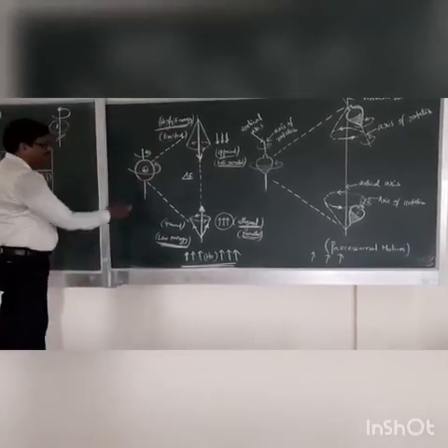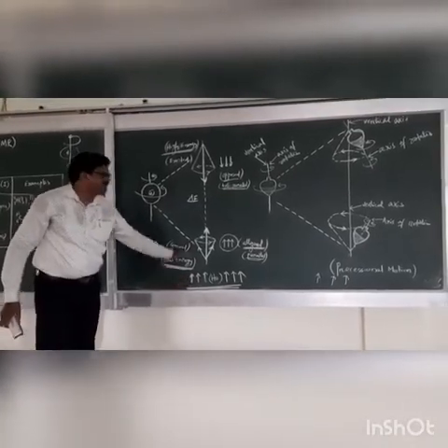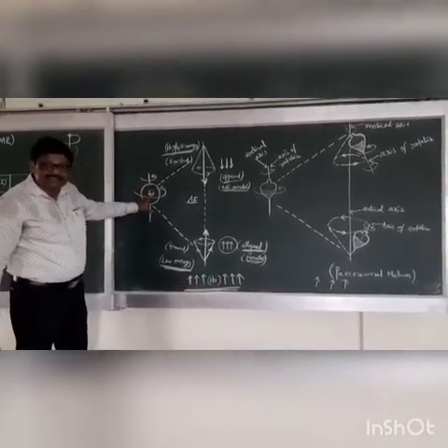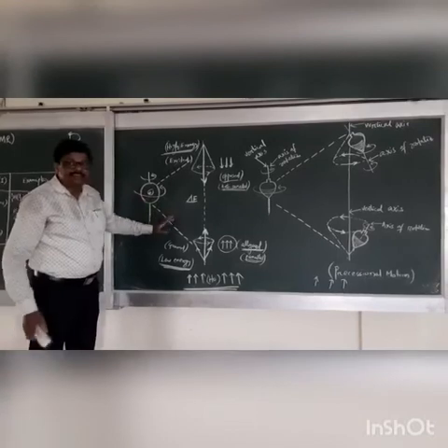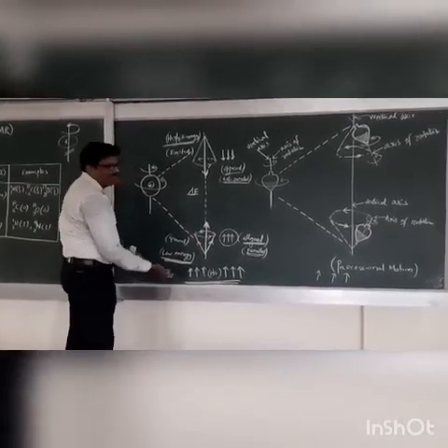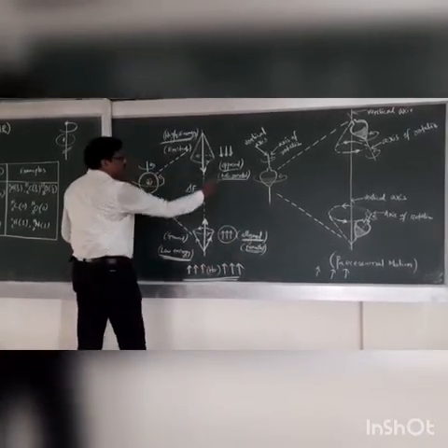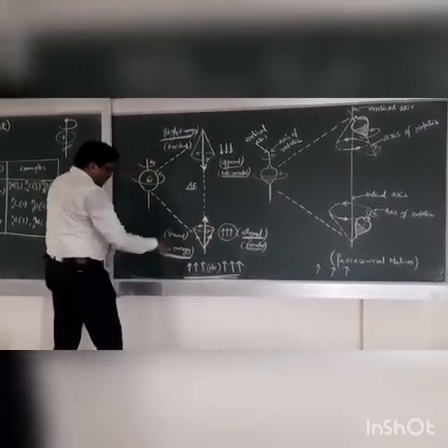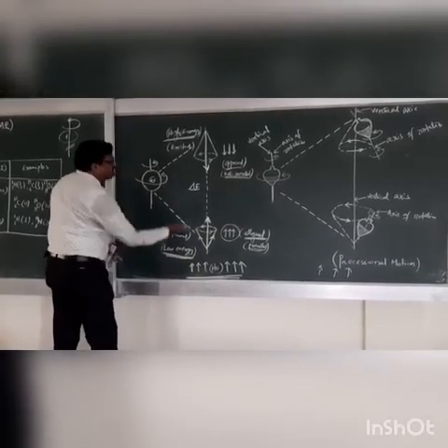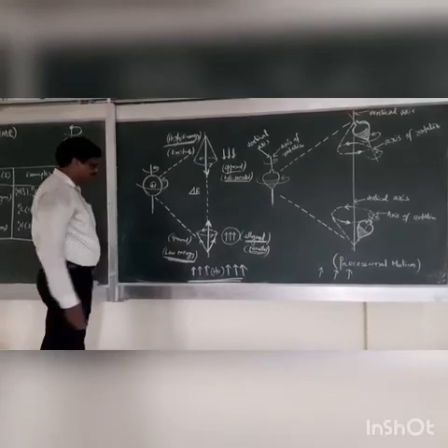So due to the application of the external magnetic field, our nucleus, which is a tiny magnet, now precesses. Due to precessional motion, it has two types of orientation: either aligned, or parallel, or anti-parallel, or opposed; also known as low energy state or high energy state, ground state or excited state.